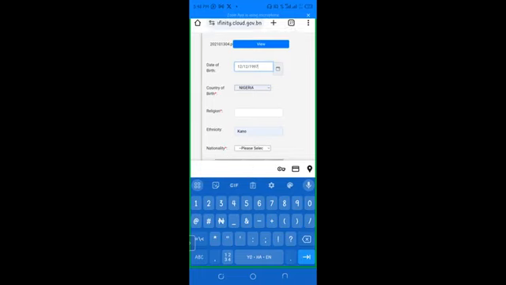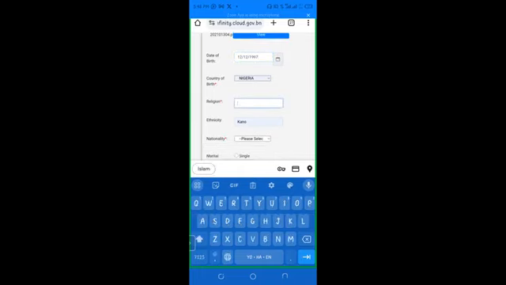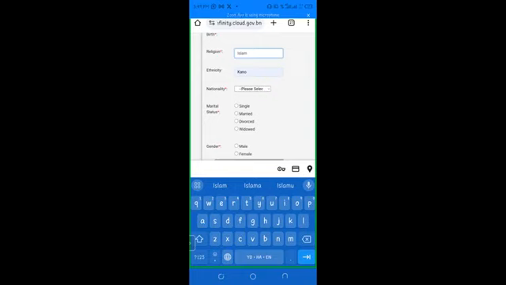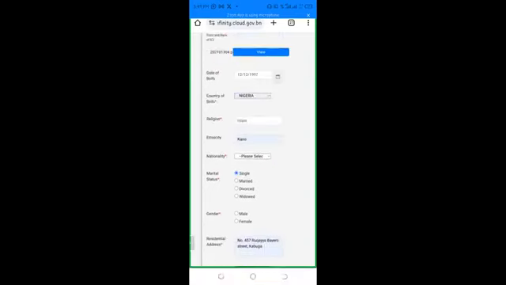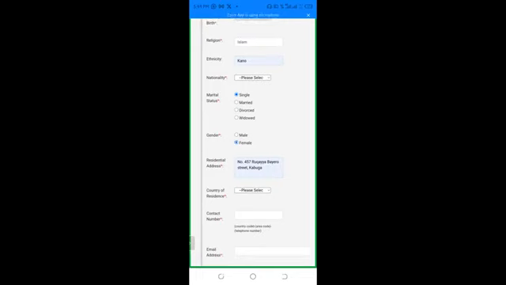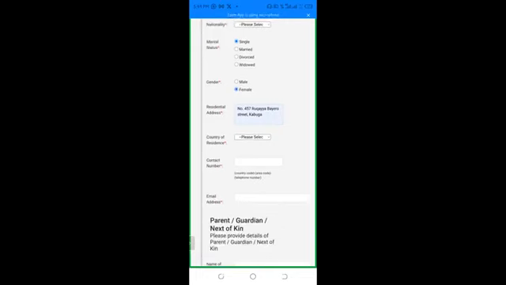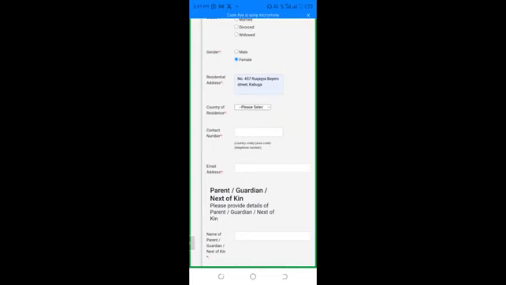And then country, Nigeria, religion, Muslim or Islam. And then marital status, let's see, I'm single. Gender, let's see, I'm a female. And this one, residential address and country of residence.